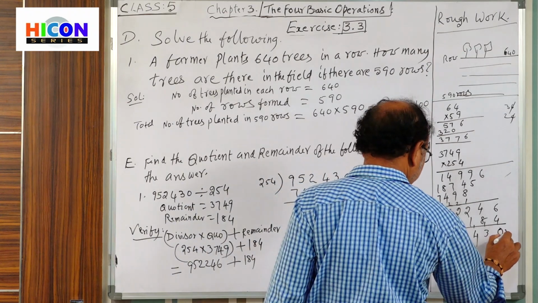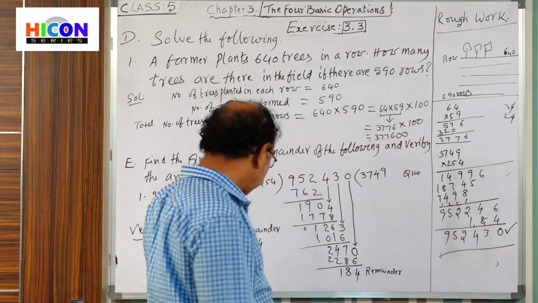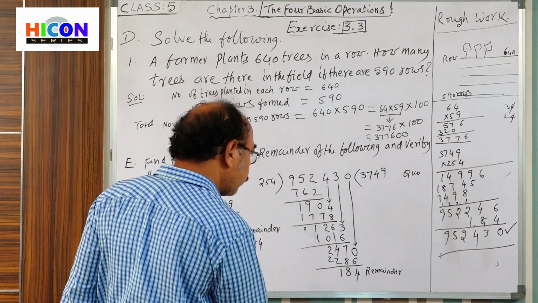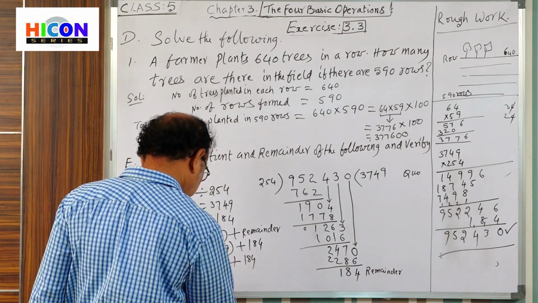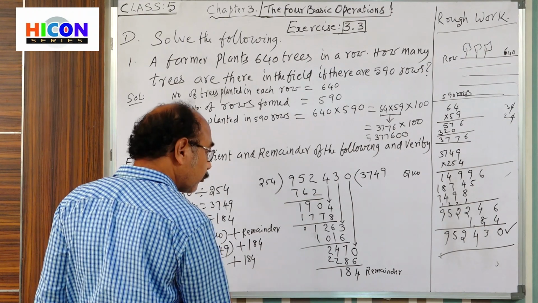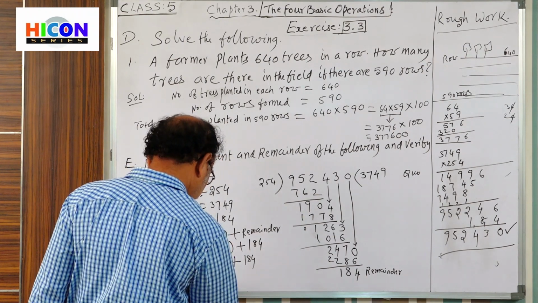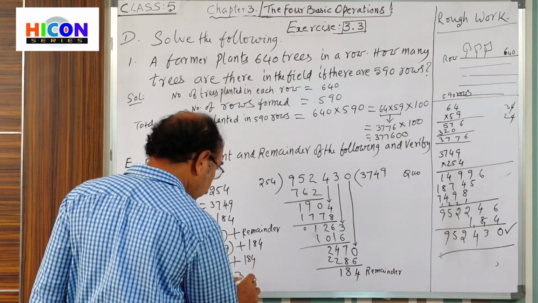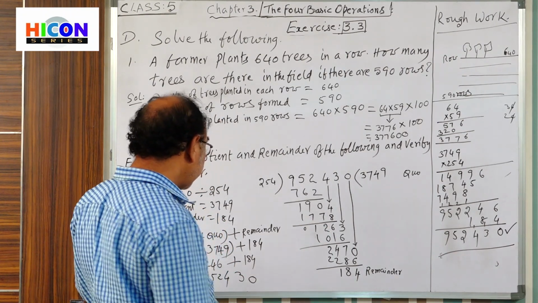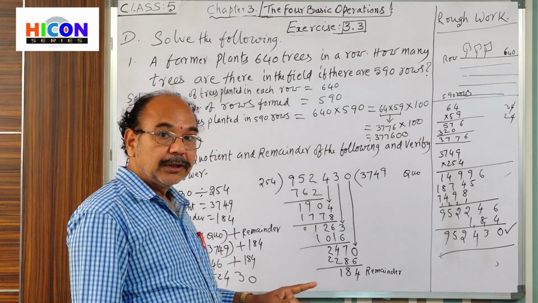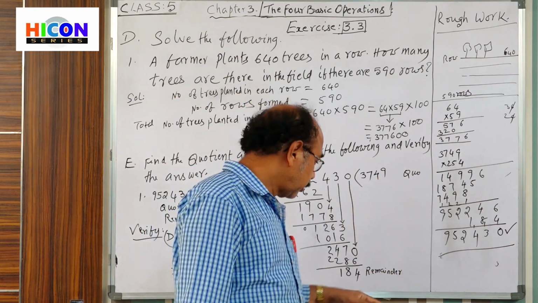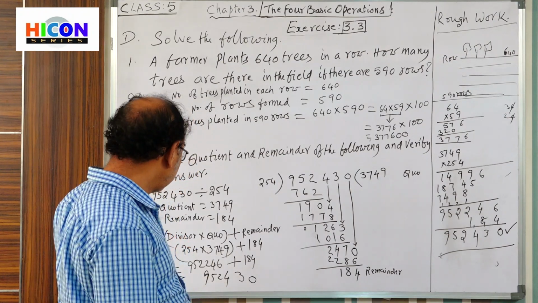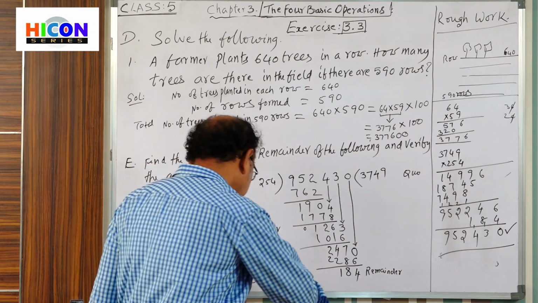Right. Okay, children, this is verification. Divisor and quotient multiplied and to that product the remainder added, then we got 952430. So your sum is correct.